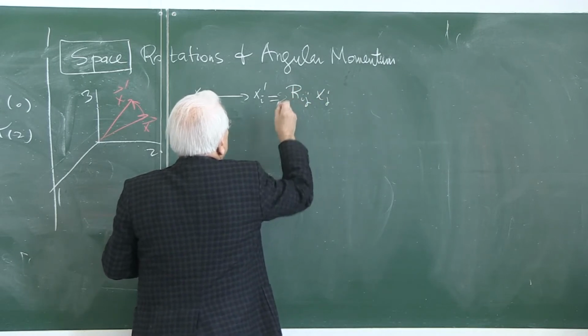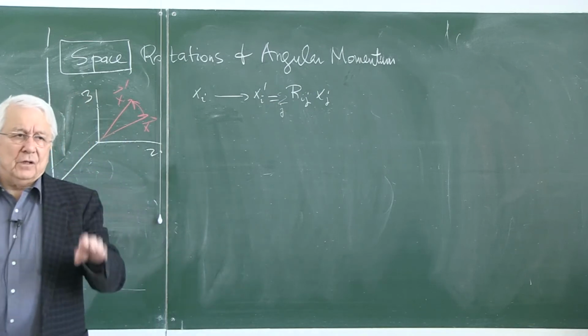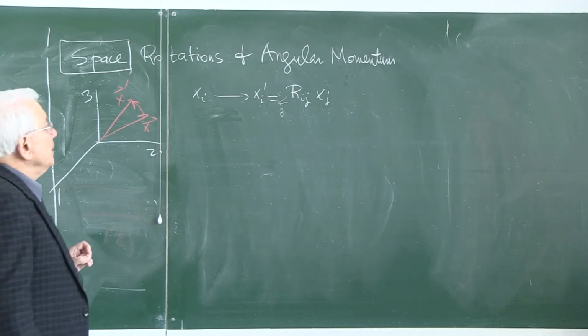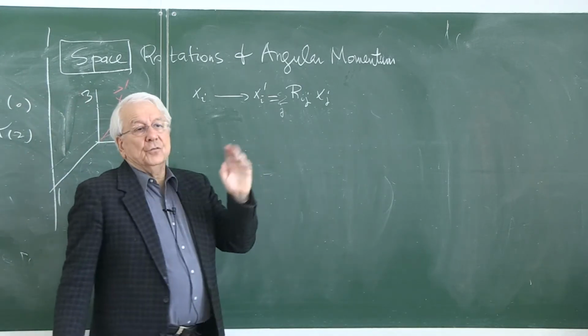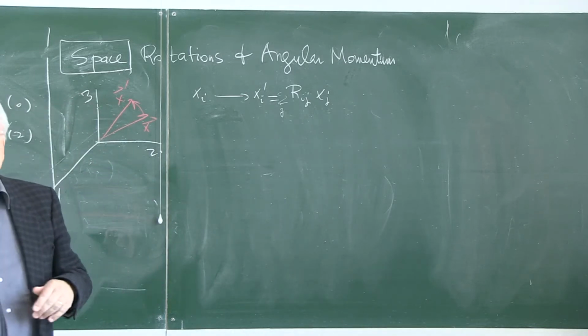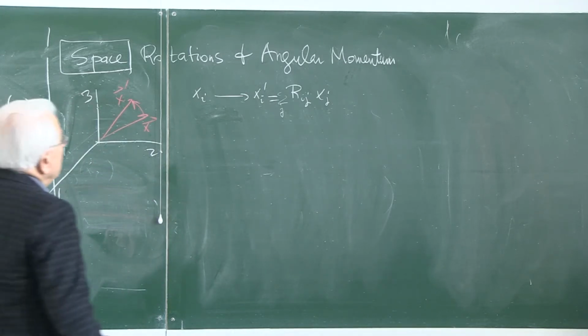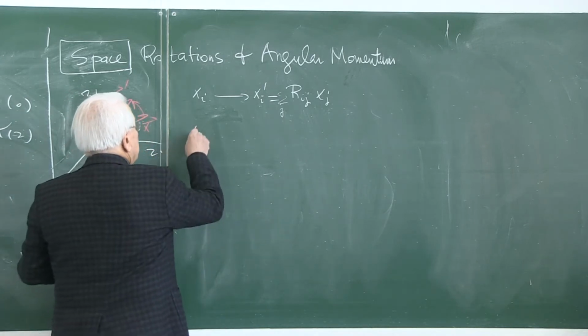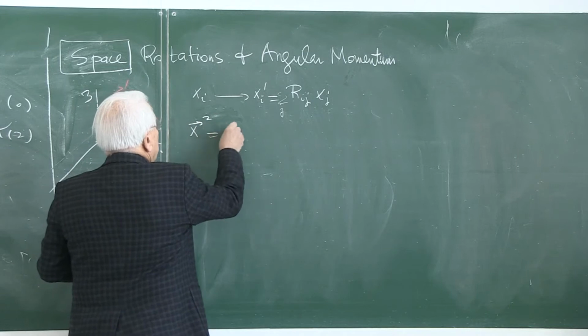If you want, think of it as R_ij x_j, but usually I will suppress the j, as always, understanding that repeated indices are summed over. You can say there is such a relationship between x1 prime, x2 prime, x3 prime, and x1, x2, and x3. The requirement that it is a rotation is contained in this relationship.